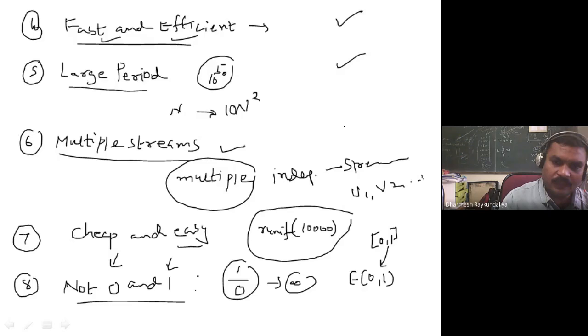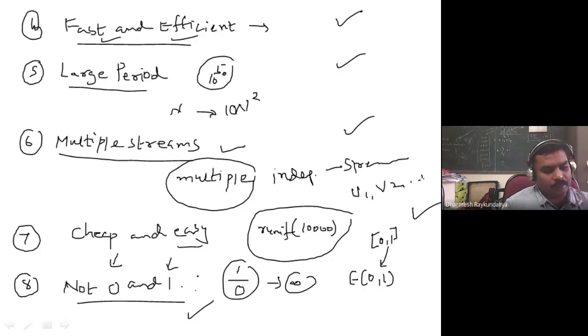Then it can help you generate independent streams parallelly; that is how it is said to have multiple streams. It is cheap and easy, and it should not produce 0 and 1. So if you have any generator, you see whether it satisfies these 8 properties. These are the maximum properties. Not every generator can satisfy all the properties together. So a generator which satisfies the maximum properties is considered a good generator.